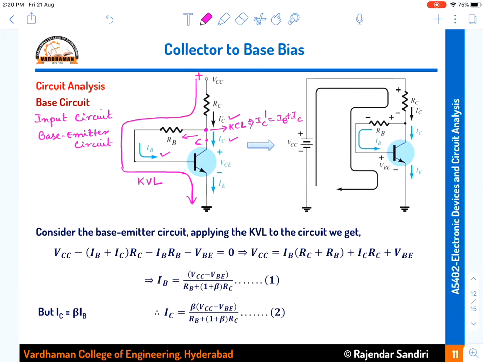Then what will be the voltage across this resistor? It is IB plus IC into RC, because IC dash is IB plus IC. You can write IB plus IC or IC plus IB.